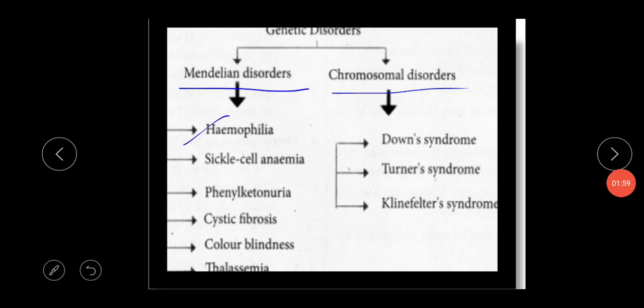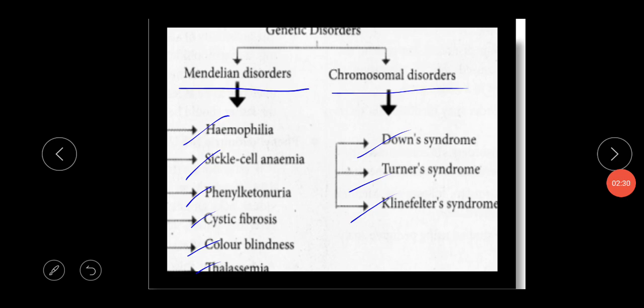The first one is hemophilia, second sickle cell anemia, third phenylketonuria, fourth cystic fibrosis, fifth color blindness, and the last one is thalassemia. And there are different kinds of chromosomal disorders also: Down syndrome, Turner syndrome, and Klinefelter syndrome. You have to study each and every syndrome and each and every disease, because all of those are included in your class 12 biology syllabus.